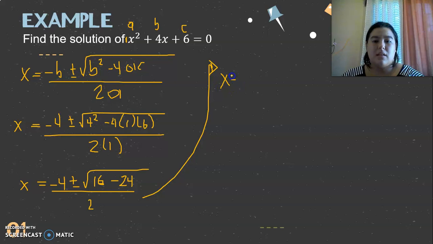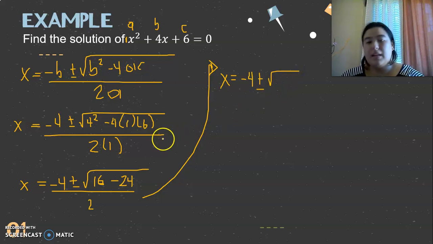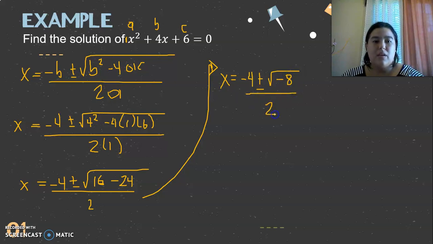x equals negative 4, positive or negative, square root of 16 minus 24 equals negative 8, divided by 2. Okay, here we have a problem because our number inside of the square root is negative.